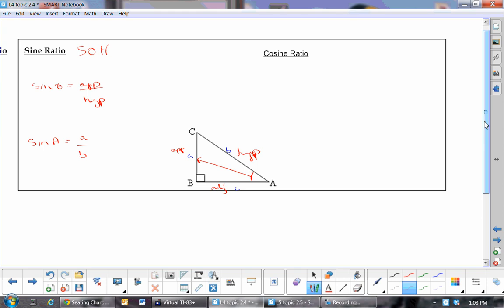How about the cosine ratio? Remember that? Okay. So cos theta equals adjacent over hypotenuse. So this would be cos A equals C over B. Very good.